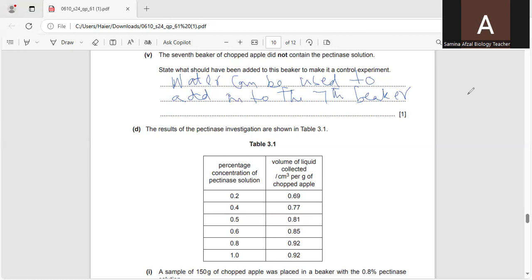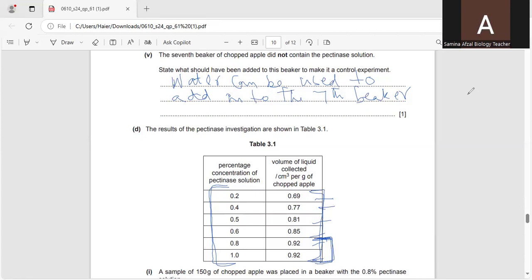Here you can see 2 columns: the percentage concentration of pectinase solution, with different concentrations starting from 0.2, 0.4, 0.6, 0.8, and ending at 1.0, and the volume of liquid collected per gram of chopped apple, which starts at 0.69, 0.77, 0.81, 0.85, 0.92, 0.92. The last 2 values, for concentrations 0.8 and 1.0, have the same values.